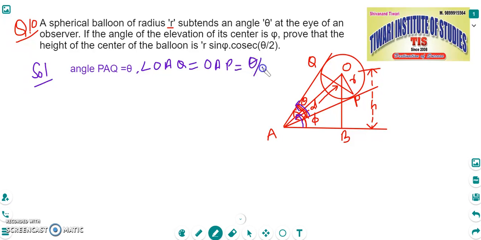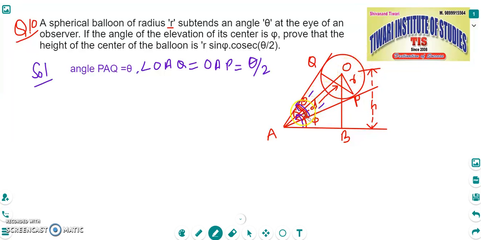Theta by 2, because in tangents of a circle, if we have two different tangents from the same point lying outside the circle, the angle is always bisected. That means this line OA will bisect the angle PAQ. The whole angle was theta, so it becomes theta by 2 and theta by 2.